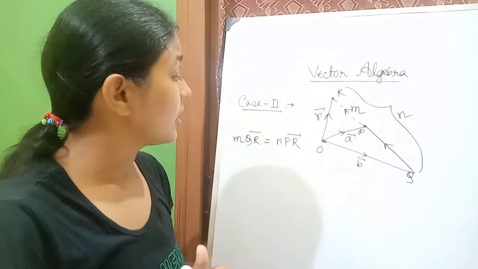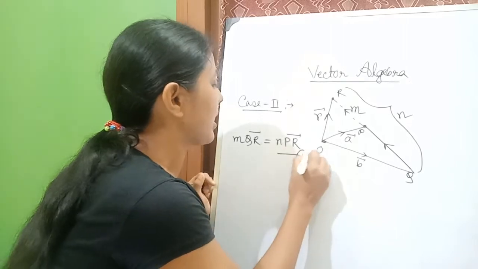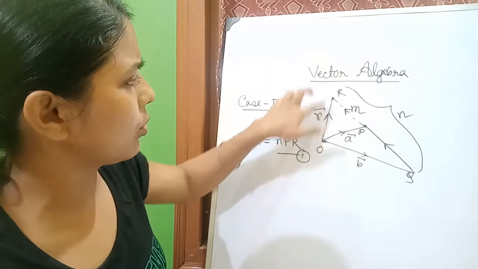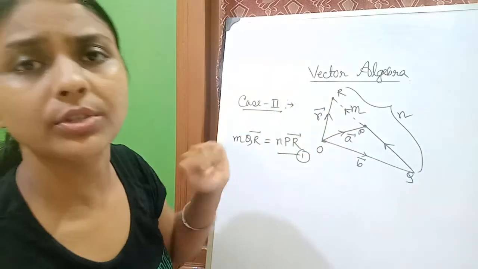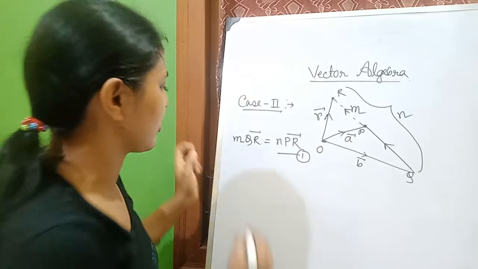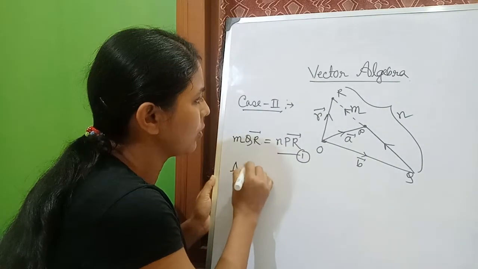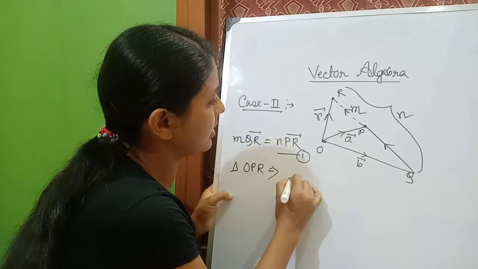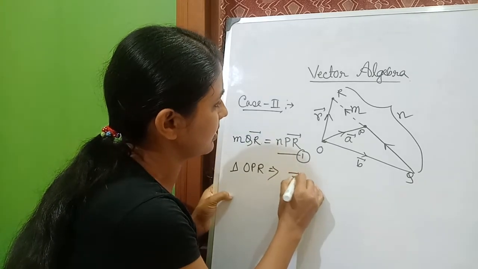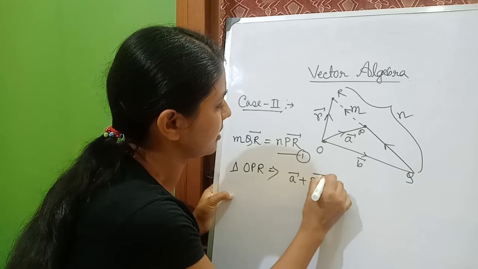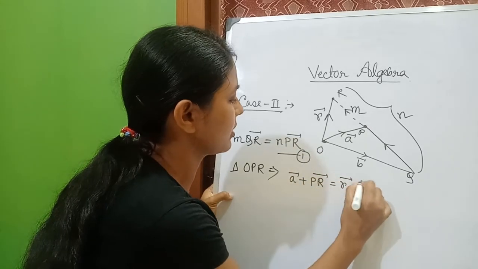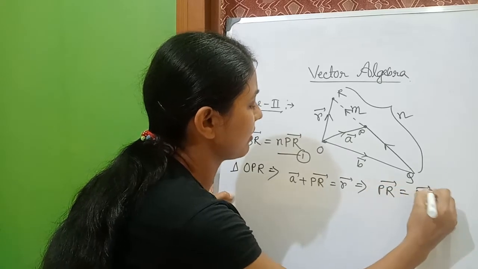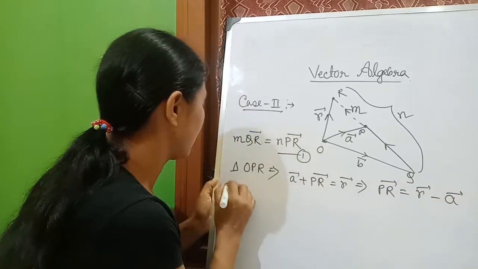Okay. So this is QR vector number 1, and then you take this triangle and this triangle, the whole triangle and this smaller triangle. So first triangle OPR, and it gives A vector plus PR vector is equals to R vector. From this we can write down PR vector equals to R vector minus A vector.